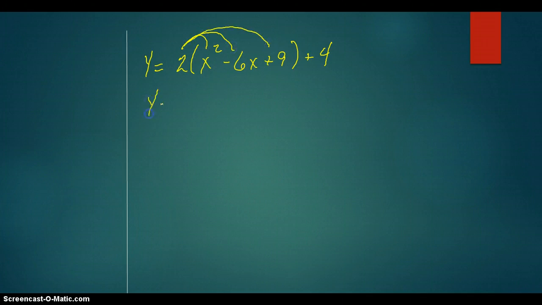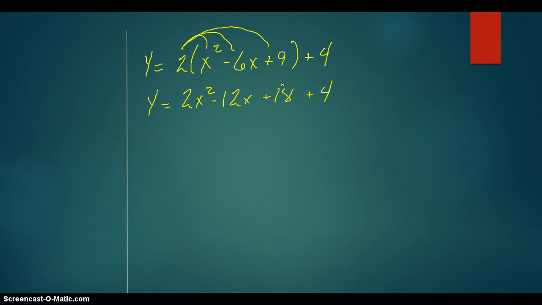So I've got y equals 2x squared minus 12x plus 18 plus 4. And guys, don't be afraid to use your calculator. If you're not sure what 2 times negative 6 is, use your calculator. If you're not sure what 2 times positive 9 is, use your calculator.